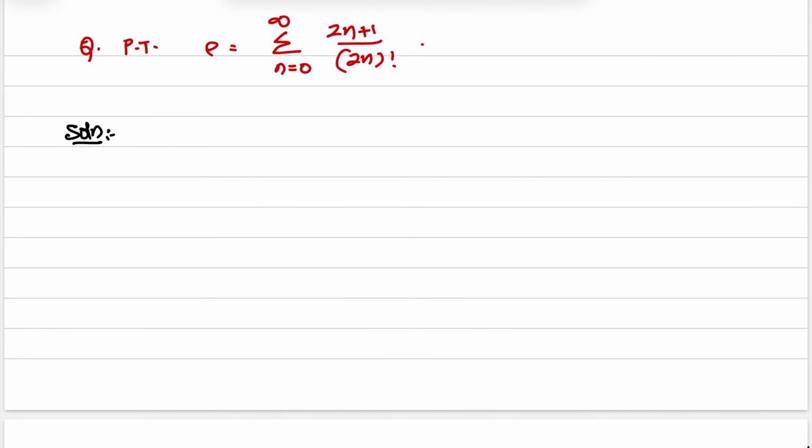Now, (2n plus 1) by factorial 2n. Can it be written as 2n by factorial 2n plus 1 by factorial 2n? We have put it as sum of two numbers.